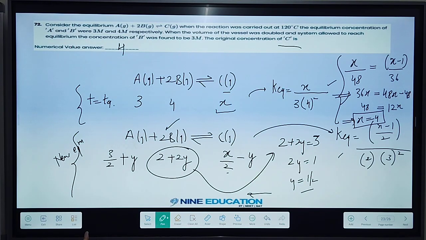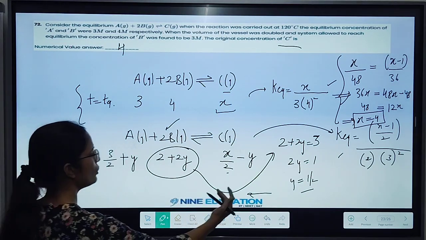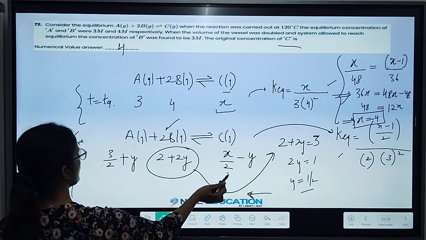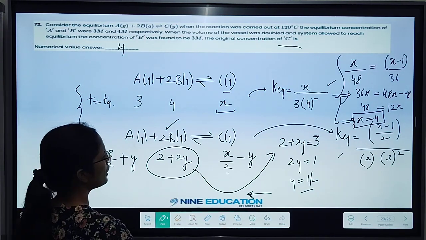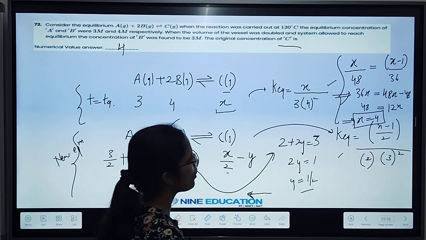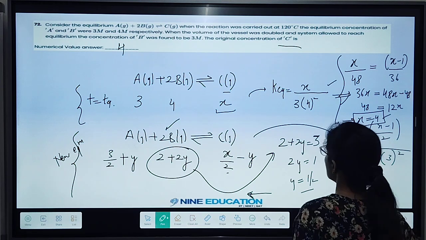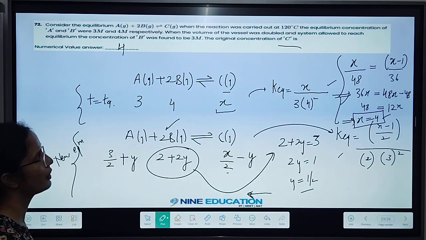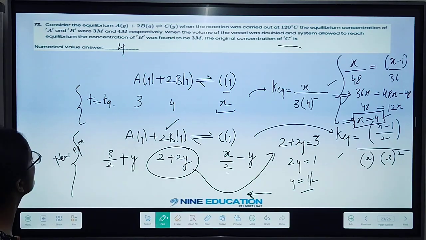As we make changes in the volume, the new equilibrium will be achieved, and as the reaction moves backward, we can write the expression like this, find the Y value, write down the K equilibrium constant, and by equating we come to the answer, which is 4, the original concentration at the first equilibrium. The answer will be 4 only.